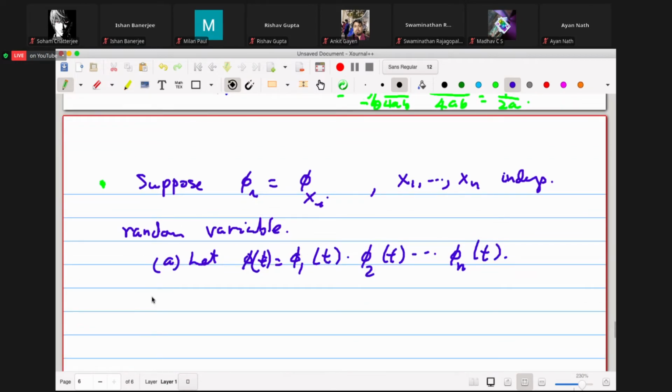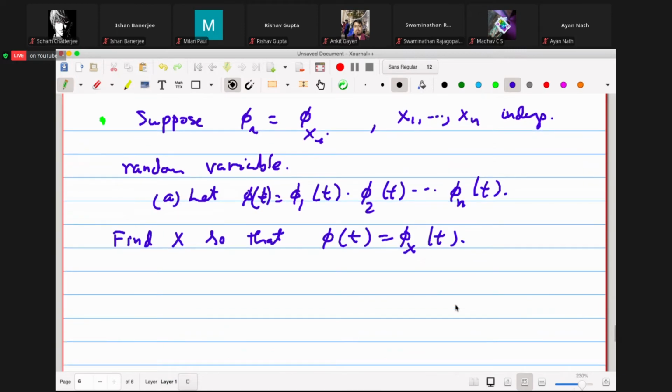So this is the first problem. Find x so that phi of t is equal to phi x of t. Okay. Well, in this case, it's really utterly easy. Let x be equal to just x1 plus up to xn.